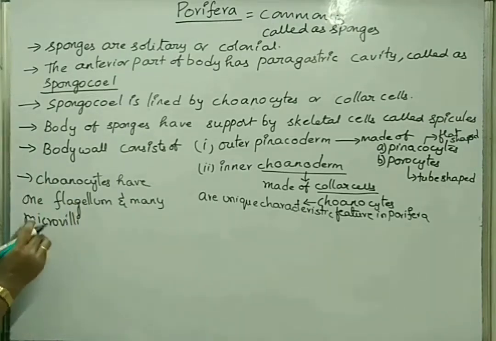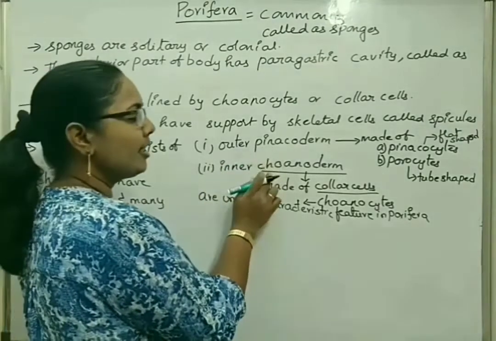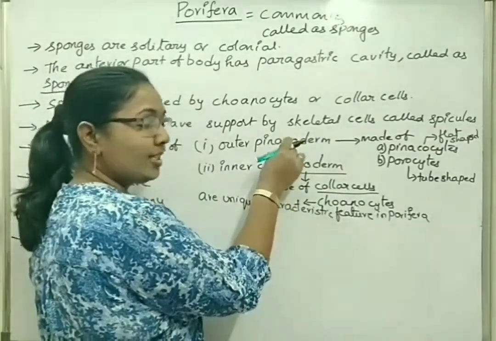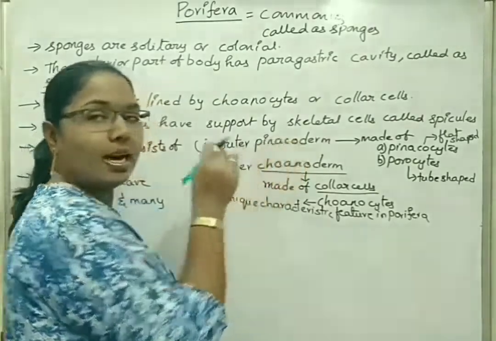Now, the outer pinacoderm and inner choanoderm have a middle substance called gelatinous mesoglea, which has amoebocytes.